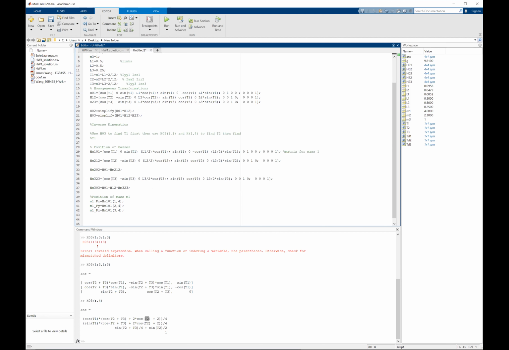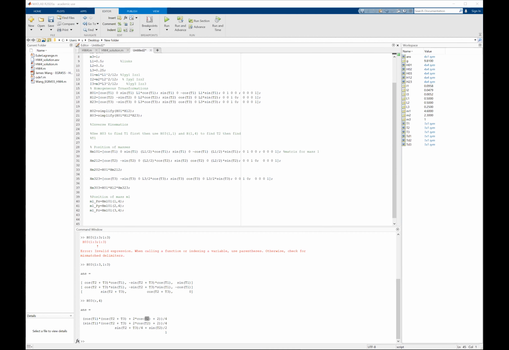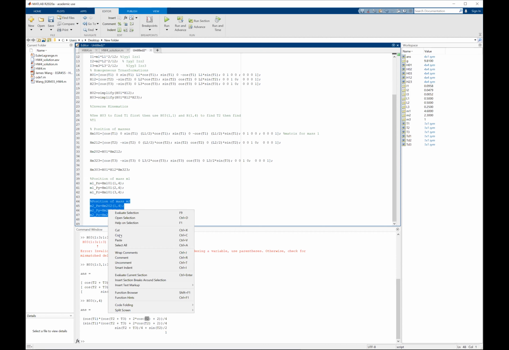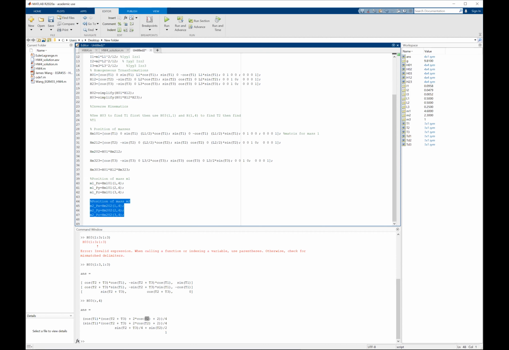Now I'm going to do the same thing for mass M2, but instead of HM101, it would be HM202: HM202 first row fourth column, second row fourth column, and third row fourth column. So these are the positions of the masses.